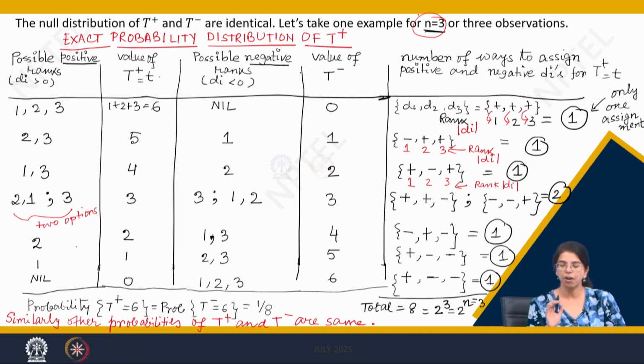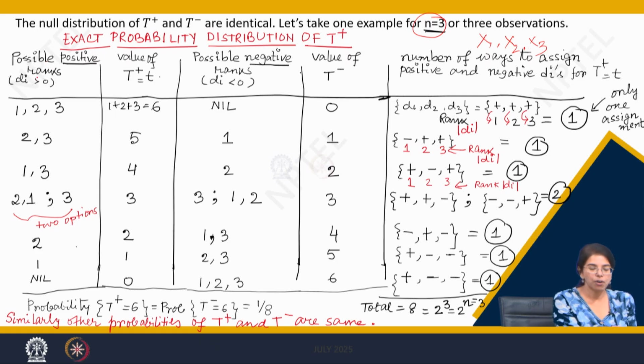So we have 3 observations. Let me write x1, x2 and x3. So for 3 observations, how many ranks can be possible? 1, 2, 3, right? So the first observation can have the rank 1, the second observation can have the rank 2, the third observation can have the rank 3. Clear?